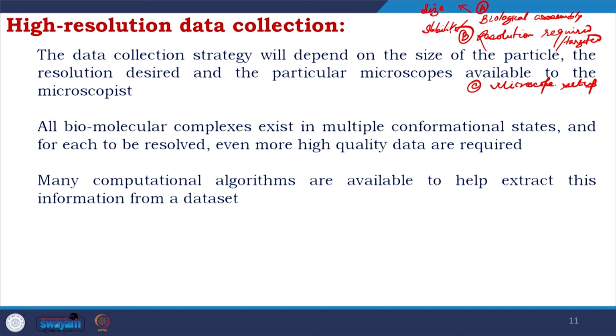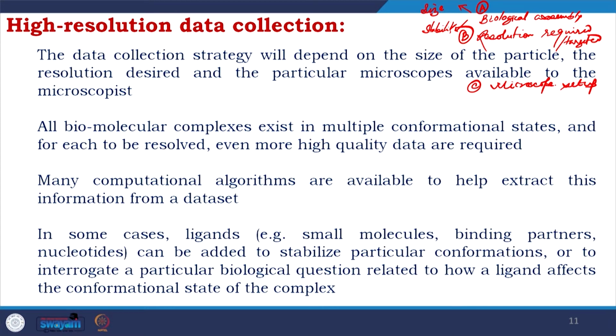Many computational algorithms are available to help extract this information from a data set. So, you have the data set, your algorithm will work and extract the information regarding the multiple conformations. In some cases, ligands, those are small molecule binding partners, nucleotides, cofactors, can be added to stabilize particular conformations or to interrogate a particular biological question related to how a ligand affects the conformational state of the complex.